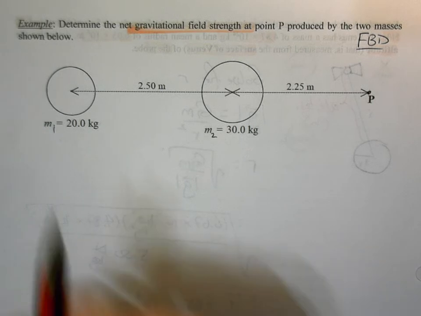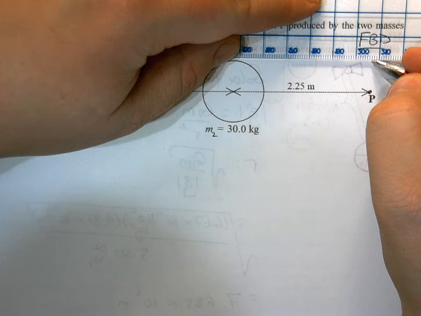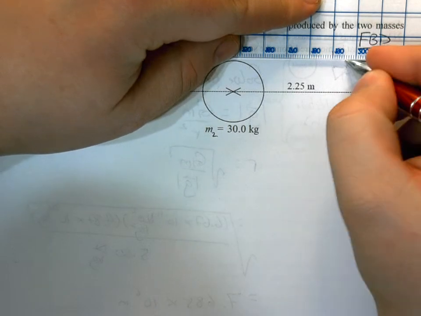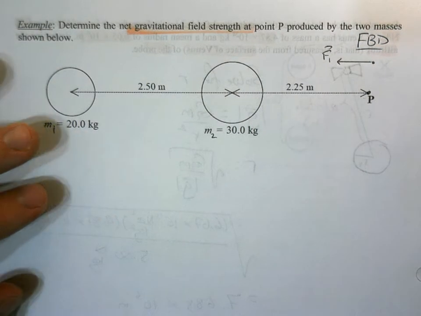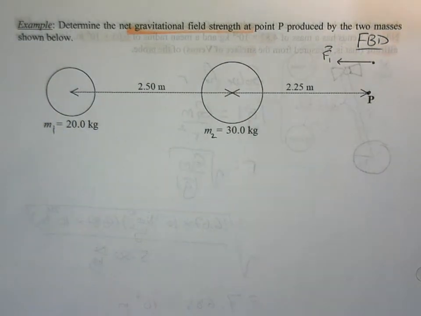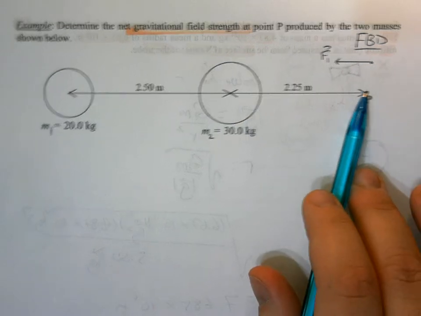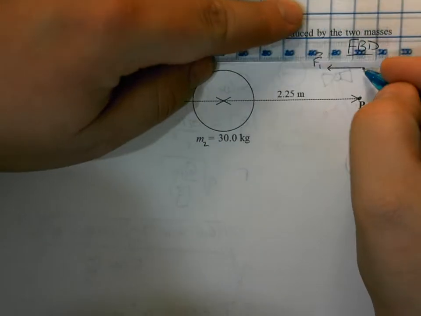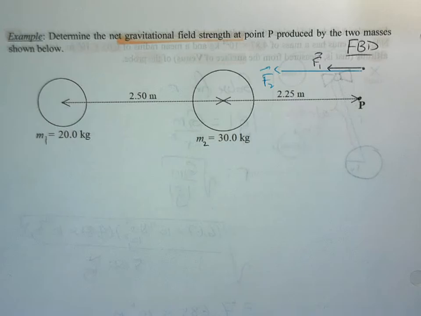Because of this first mass, there's a force of gravity pulling on the test mass to the left, which we'll call F1. At the same time, this second mass is bigger and closer, so it would also attract the test mass towards it. So there's a force F2 going that way.